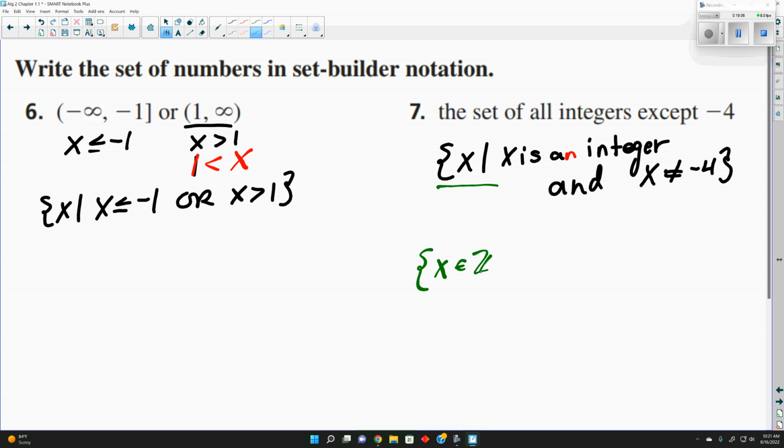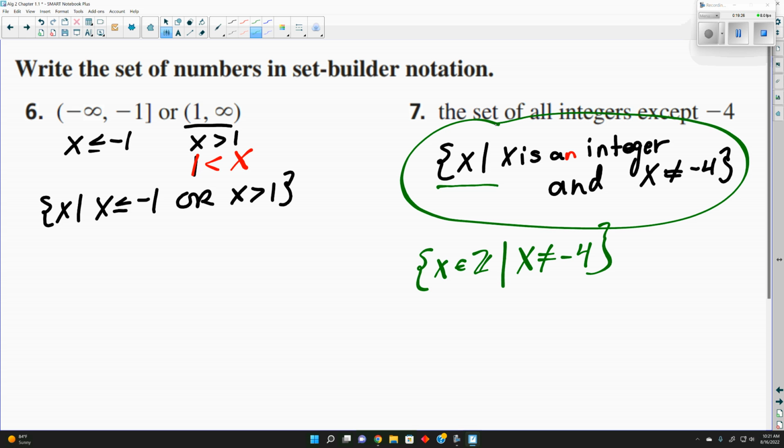So now it's changed. I'm saying the set of all integers, or the set x is an integer. Essentially that is what we did. We changed it from all real numbers to integers such that x is not equal to -4. Same thing. But again, I will take this.